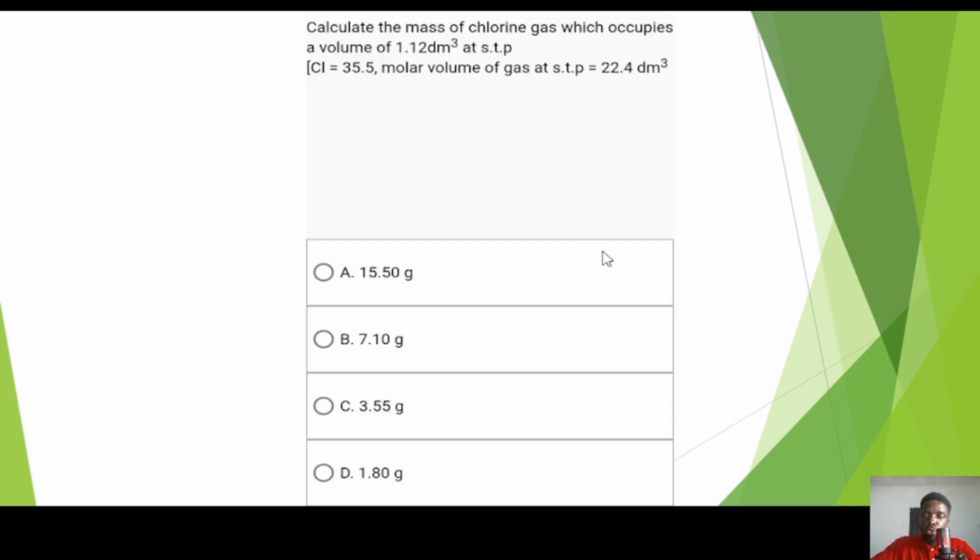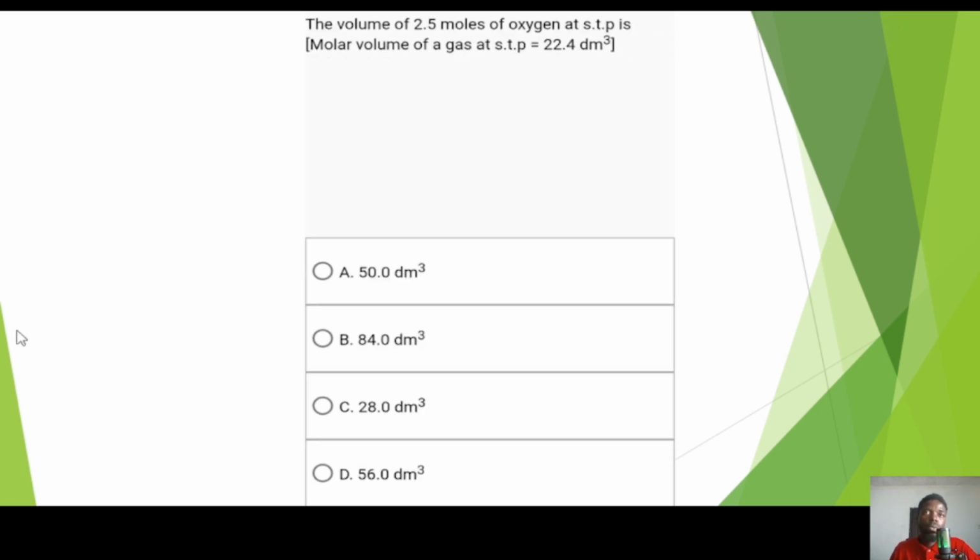Okay, so let's go to our board. So, to solve this question, we are going to write out the given parameters. And what were we given? The volume of chlorine was given in dm cube, and that volume is equivalent to 1.12 dm cube.